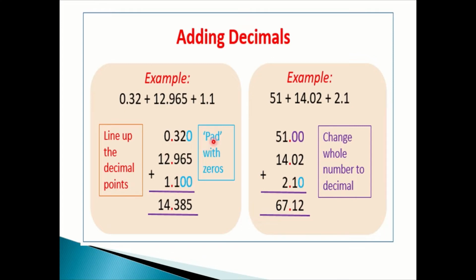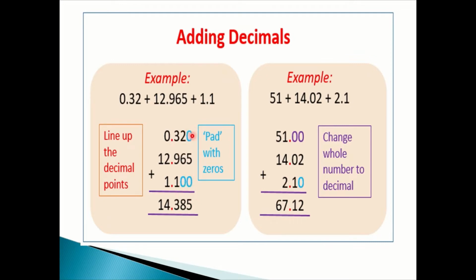And next we need to pad with zeros. As you can see there, the colored blue, we are writing zeros there for us not to be confused to what we are adding. Okay, and with that, we are now ready to solve the following.